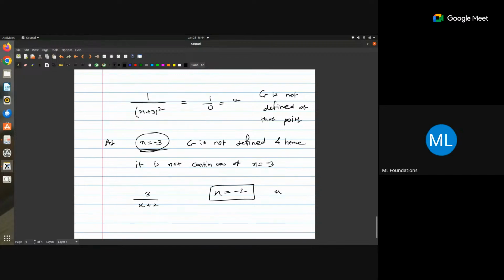But here, this function is defined only for x greater than 1, so x equals -2 is not in range. So that is not the condition.